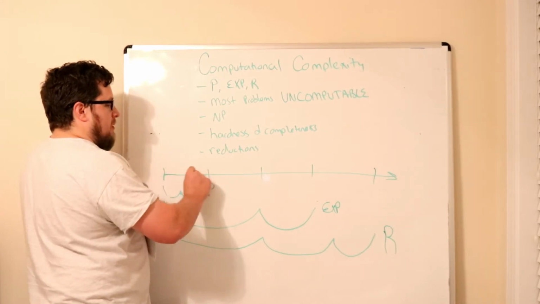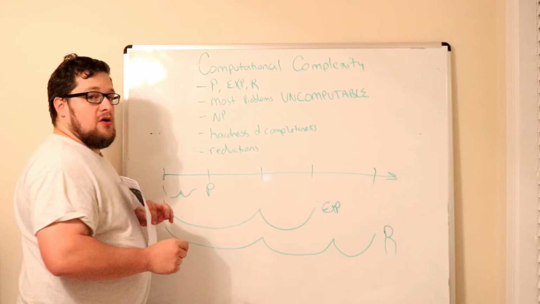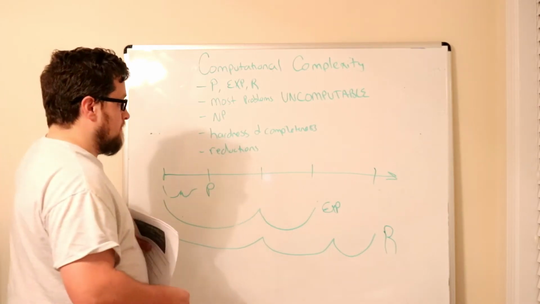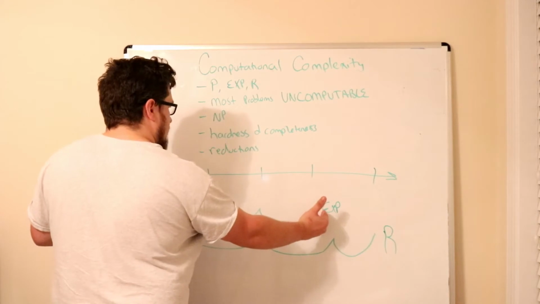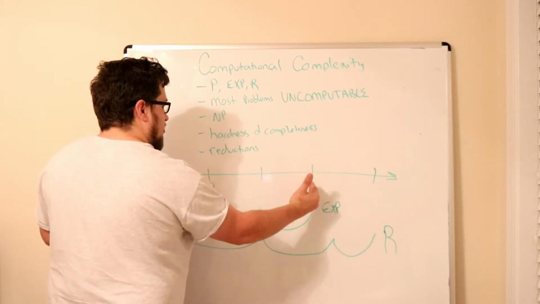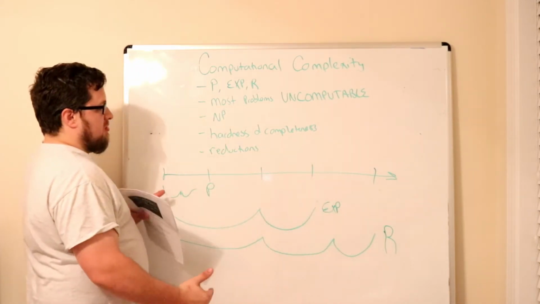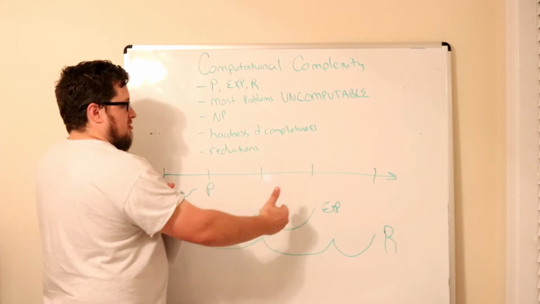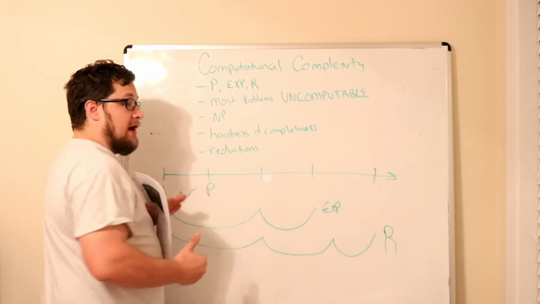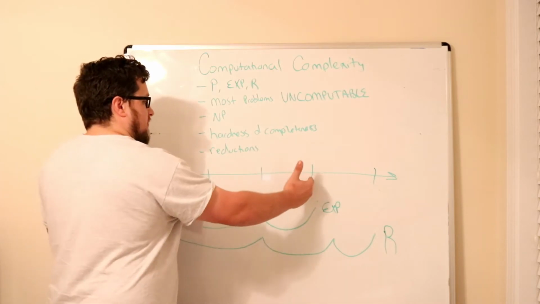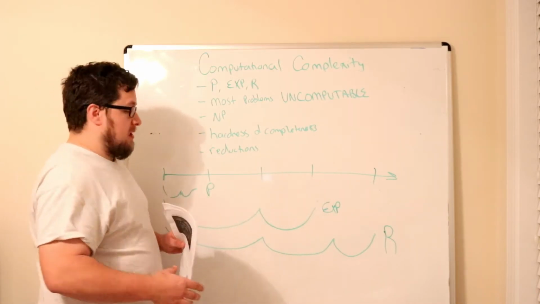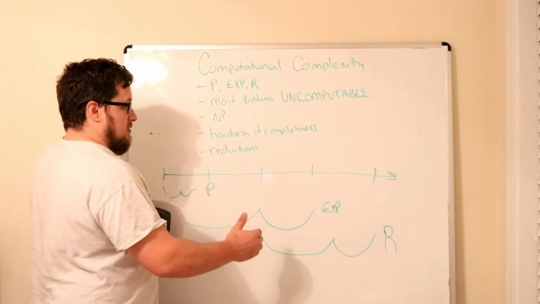So if a problem can be solved in this range, we call that polynomial time. Then we have exponential time, and that is this subset. Now notice, this exists in this world, right? So just remember that they're inclusive of each other, because that's probably going to be important as we go forward. Actually, I know it will.